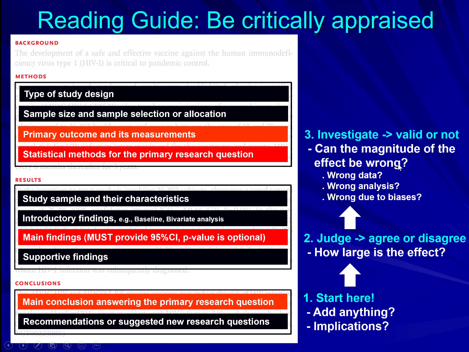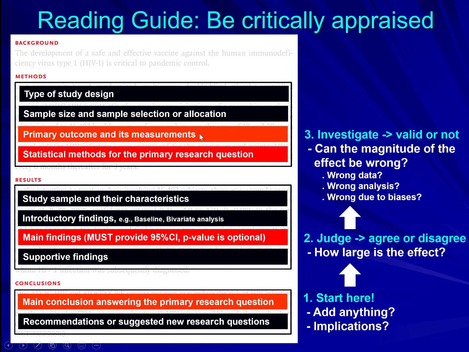Could it be wrong due to the data being wrong, by looking at details of data collection, data management, or wrong due to the analytical methods? You need to judge based on the type of variable and how they select the method of analysis, appropriate or not. Or it could be wrong due to bias.